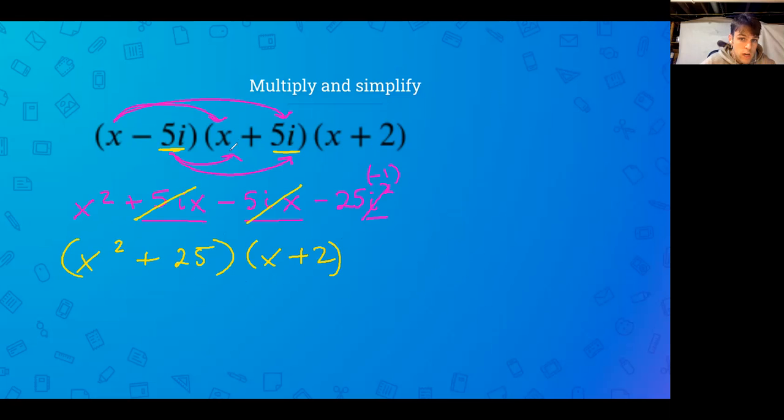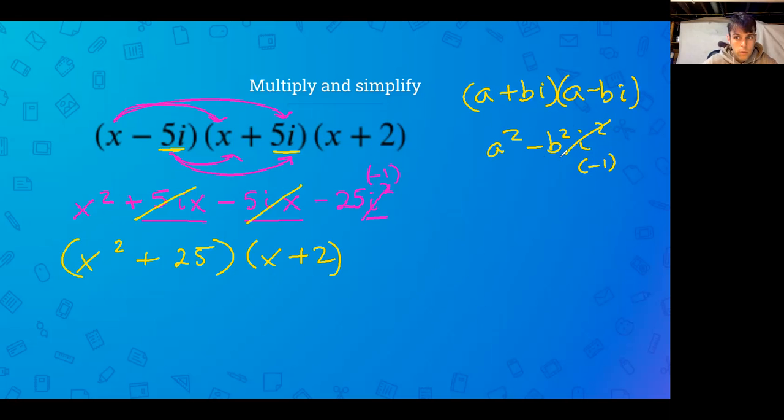Anytime you multiply two conjugates with imaginary numbers, so something like a plus bi times a minus bi, we actually don't end up with any imaginary numbers at all because when we think about this, this ends up being a squared minus b squared i squared. And so that i squared is a real number. So no more imaginary numbers involved.